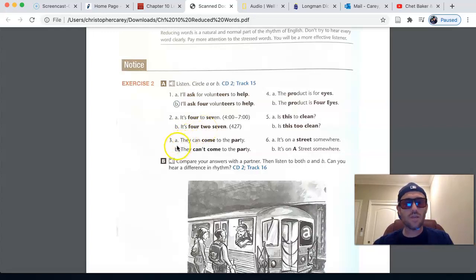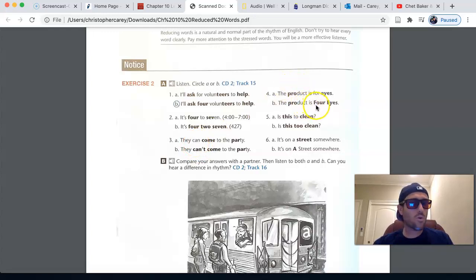For number 3, they can come to the party. They can come to the party. Can is reduced. We don't hear can't. They can't come to the party. It would be stressed otherwise, right? It's reduced. So number 3 is A. Number 4 was stressed.